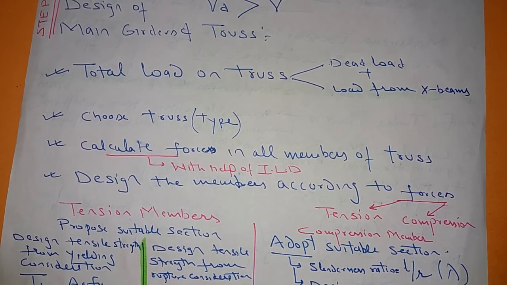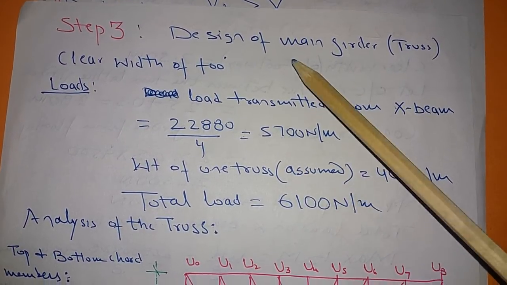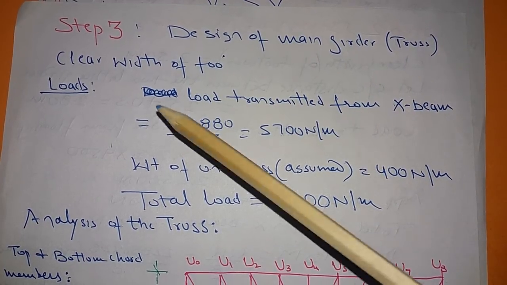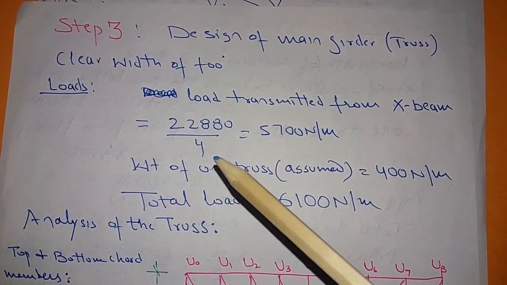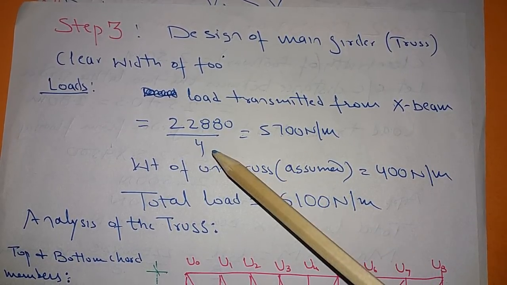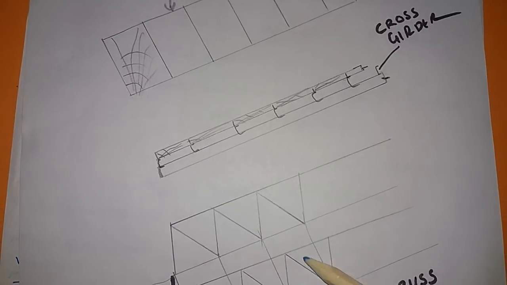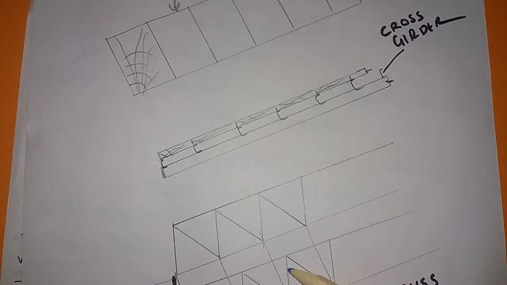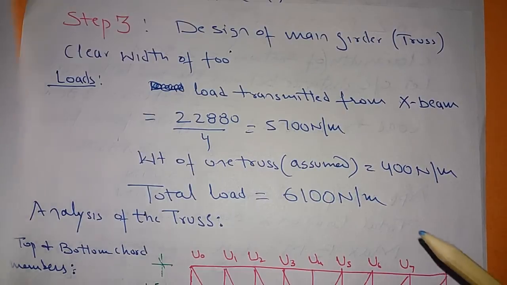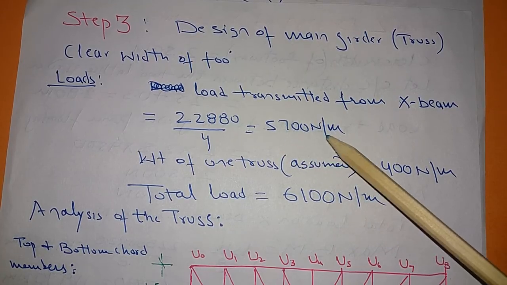So step 3 is design of main girder truss. Now the load is coming from the cross beam. The total load coming from the cross beam will be divided by 4, because we have 2 trusses here, and it must be per meter, so divided again by 2, so it is 5700 Newton per meter.